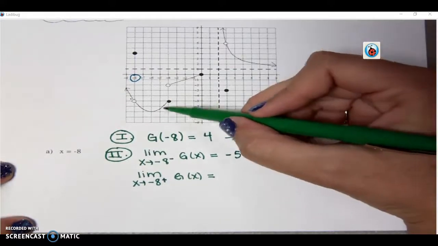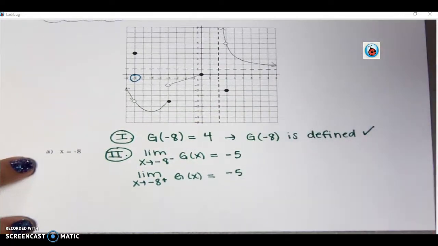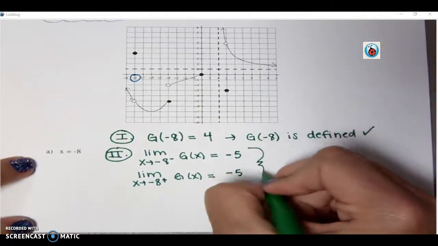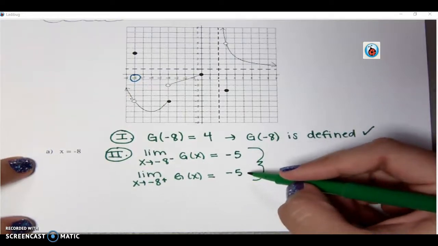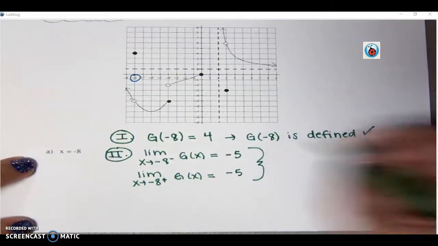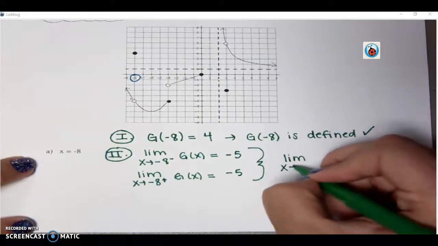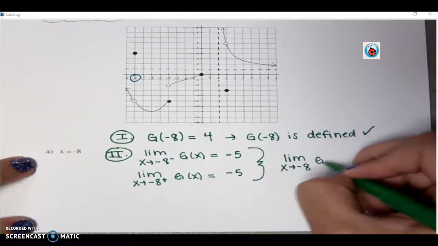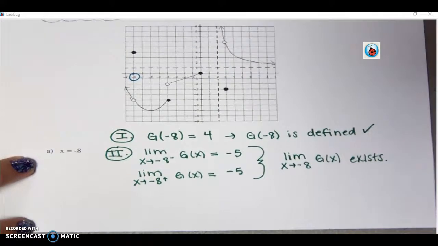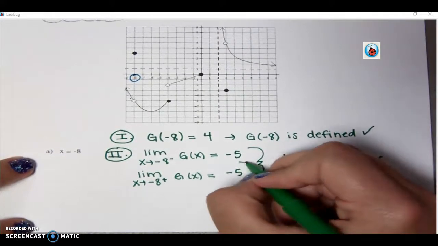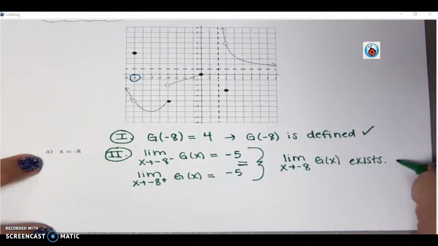So as you come in from the right side, it's also approaching that y value of -5. So because these two things are the same, and because they give you a real number here, then we can say the limit as x approaches -8 of g of x exists. Okay, so because these two things are equal, and you might want to write out that they're equal, that means this limit exists. So step 2 is true.